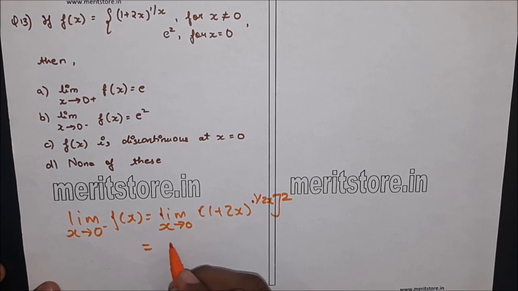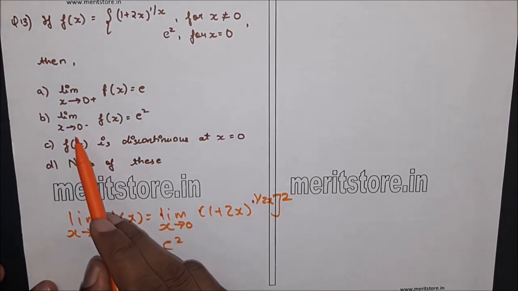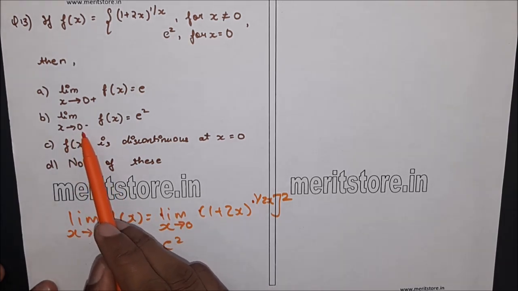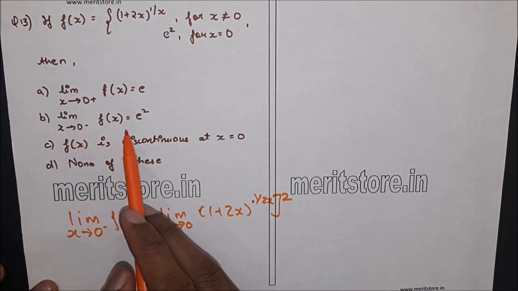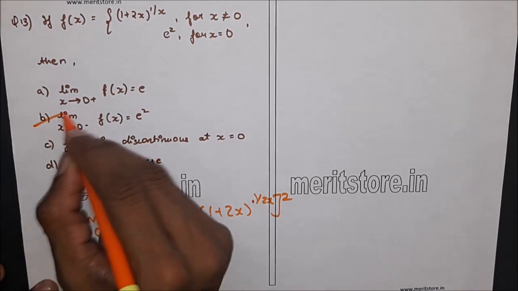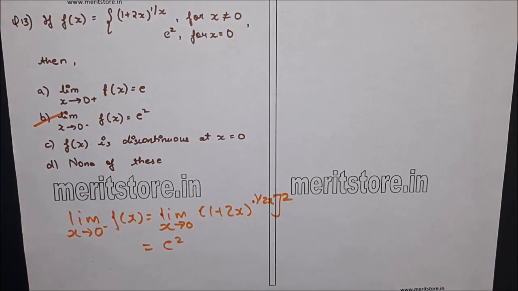So we get this as e². Therefore, the limit of f(x) as x approaches 0 from the left hand side is e². Therefore, option B is the correct answer.